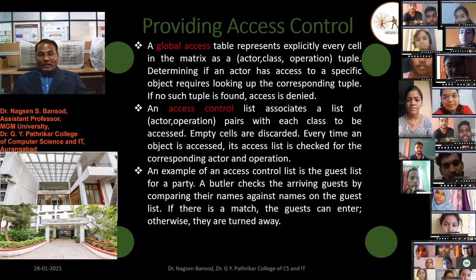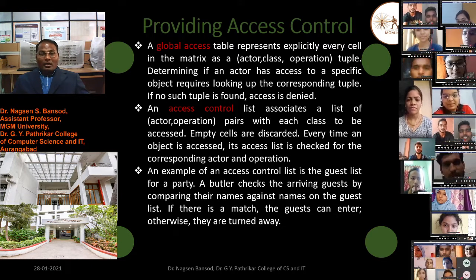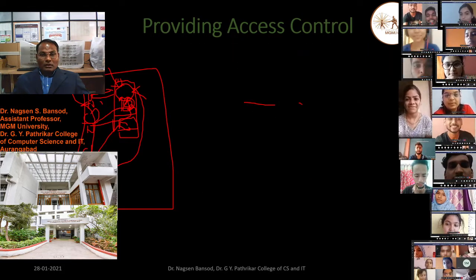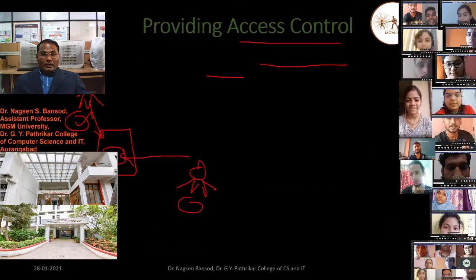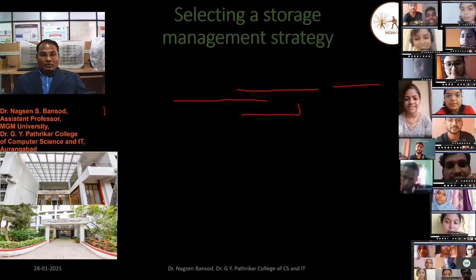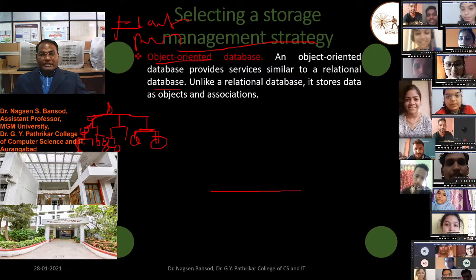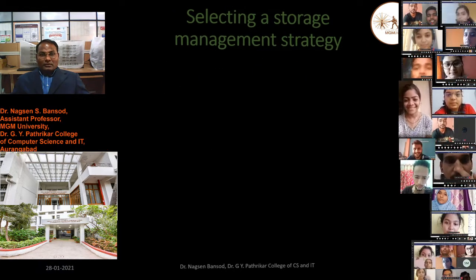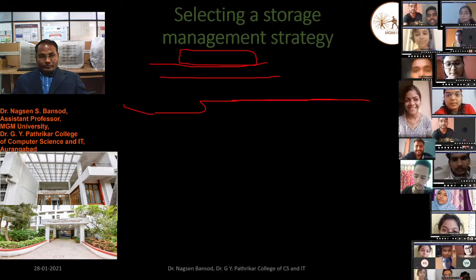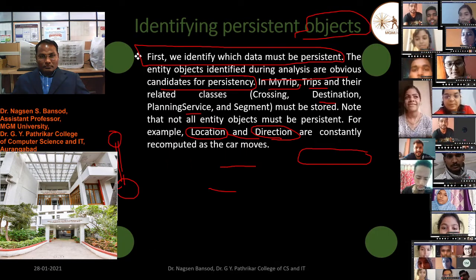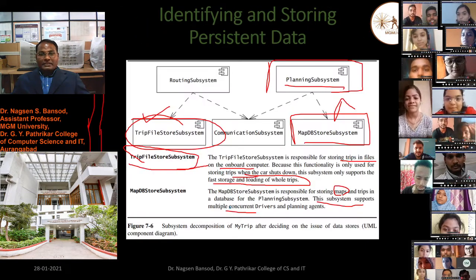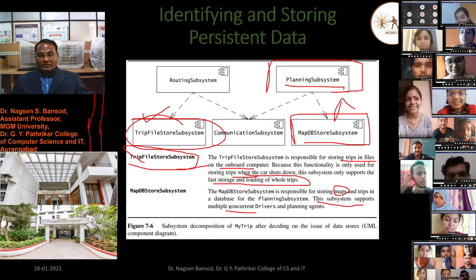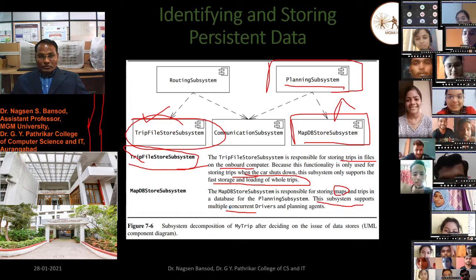If you have any doubt or any question on access control, providing access control, identifying persistent data, identifying objects, storage management strategy, do you have any question regarding these 3-4 terms?